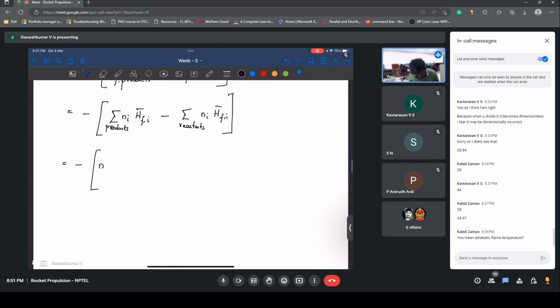So basically N of CO, HF of CO, plus N of H2O, HF of H2O, and 2 HF of CO2, minus N of C12H26, HF of C12H26, plus N of O2, HF of O2.